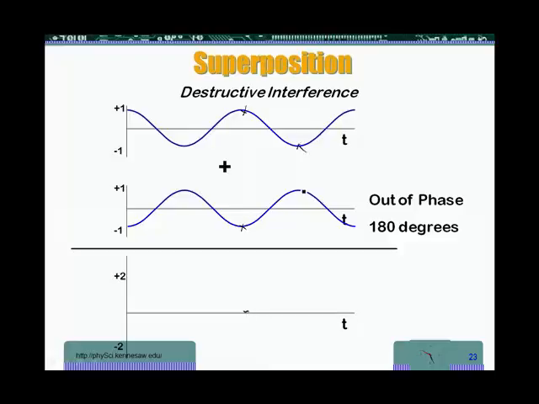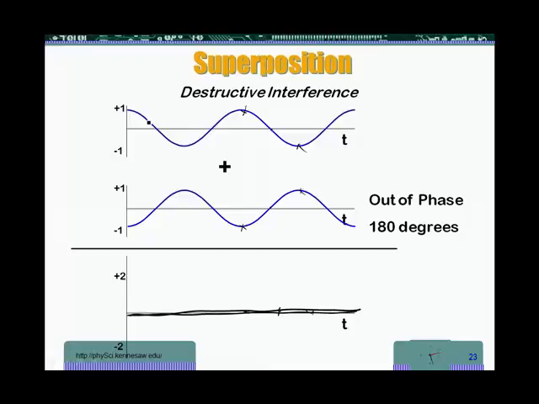Minus 1 plus 1 results in a 0. 0, 0, 0. So if we check every point there, that means the waves are going to cancel out. And we have then what we call destructive interference.